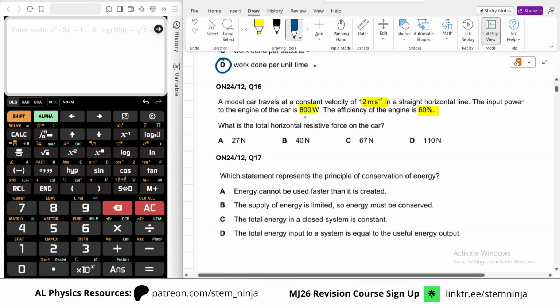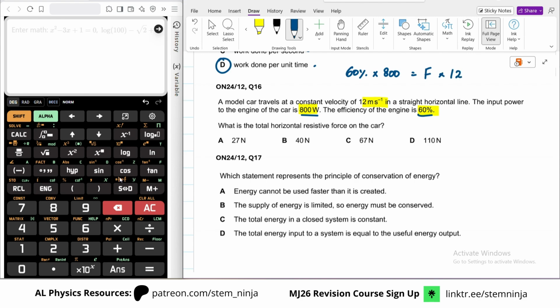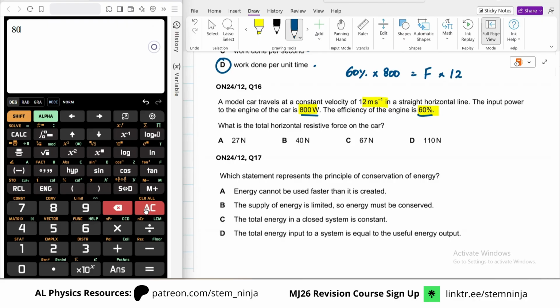Okay, so if the input power is 800 and only 60% is used to provide the forward power, that means 60% times 800 watts is your Fv. So 800 times 0.6 divided by 12, 40.